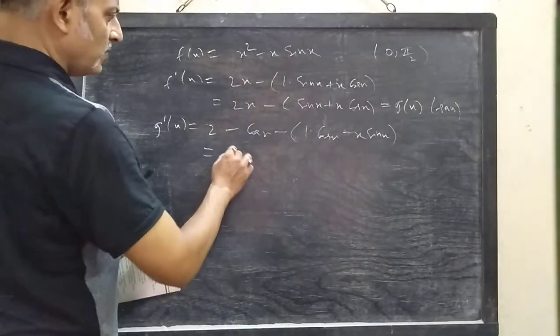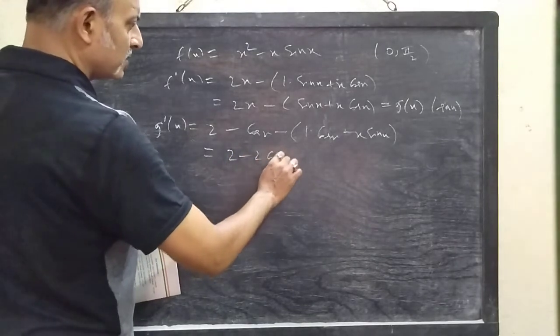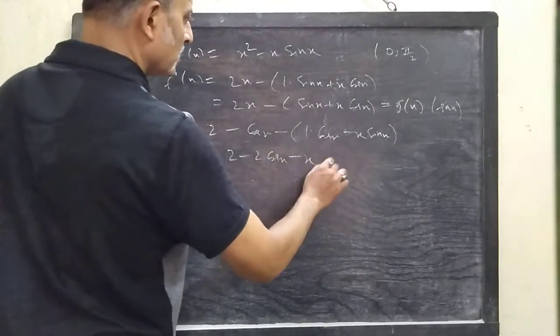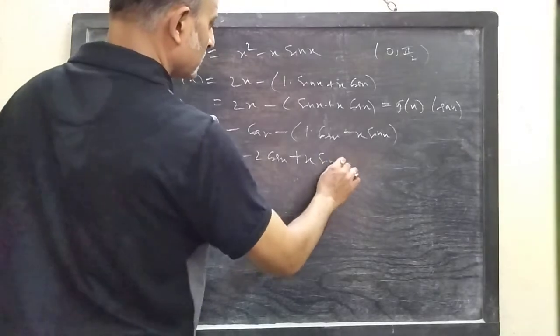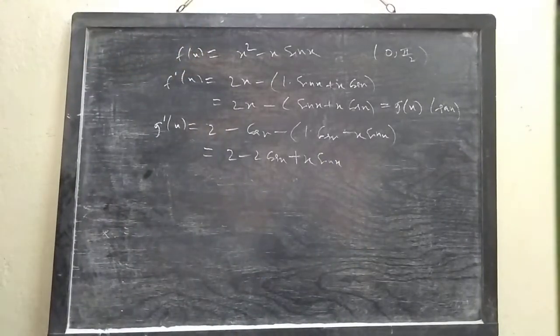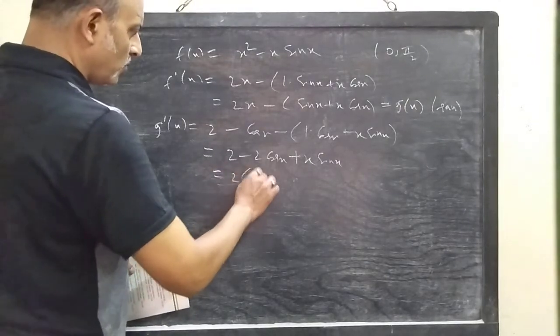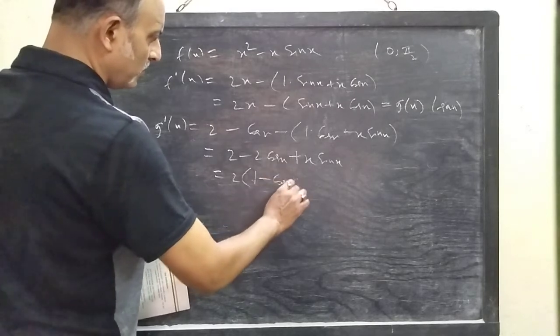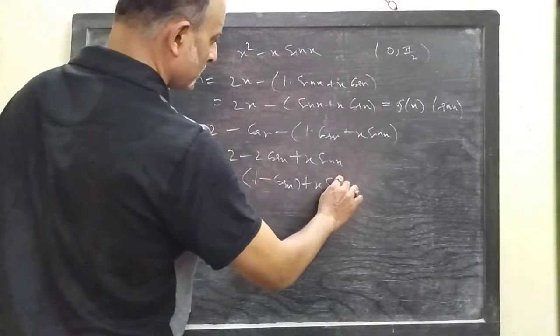So this will give you 2 minus 2 cos x plus x sin x. Take 2 common, 2 into 1 minus cos x plus x sin x.